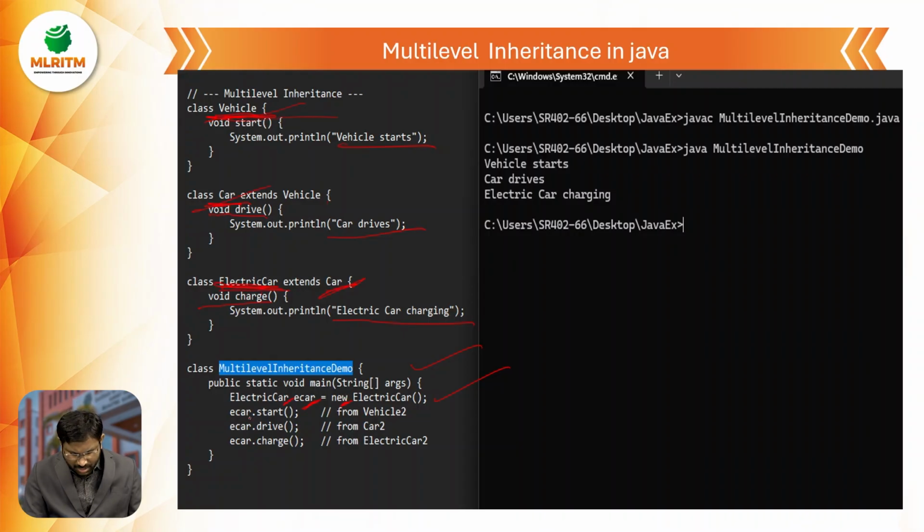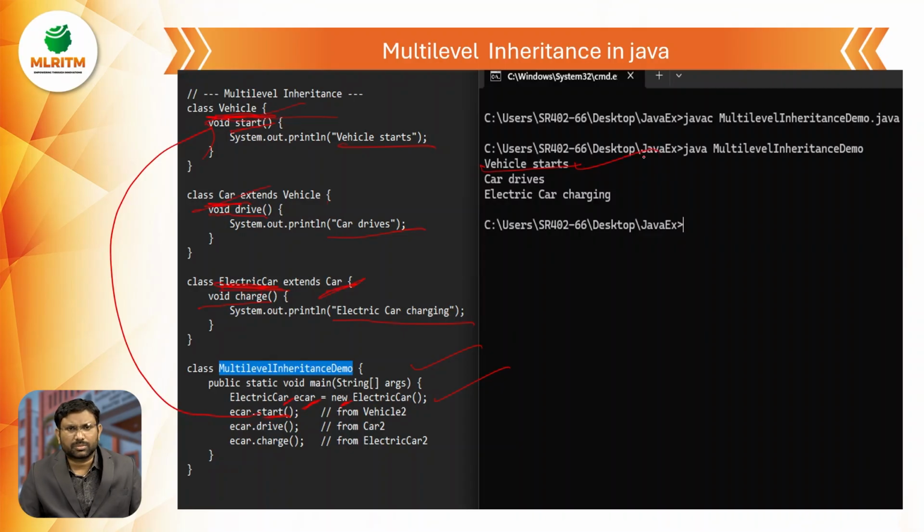So eCar.start: the start method is in the parent class. Even though it is in the parent class, ElectricCar can acquire its properties, so here we get the output "Vehicle starts".